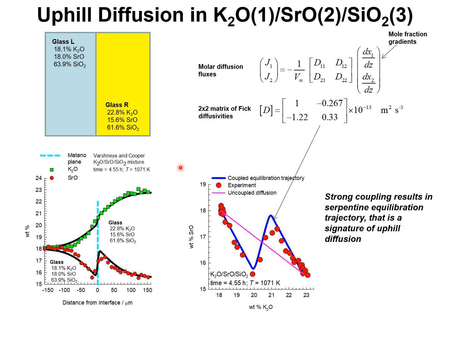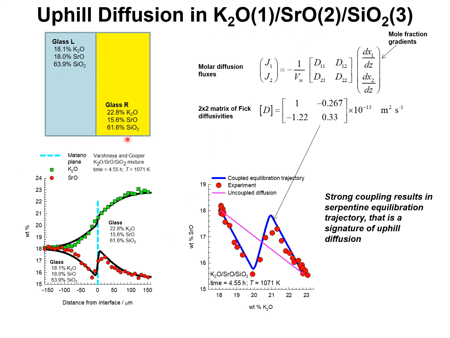Let us consider a set of experiments reported by Varshney and Cooper for diffusion in a ternary mixture consisting of metal oxides of potassium, strontium, and silicon.